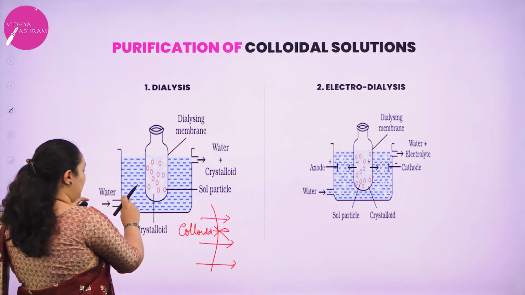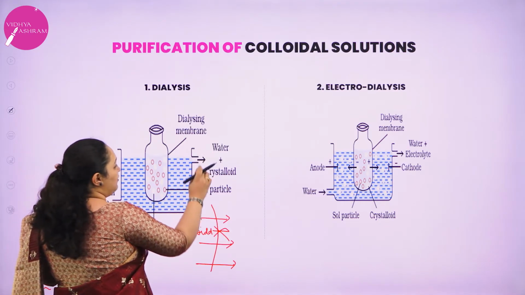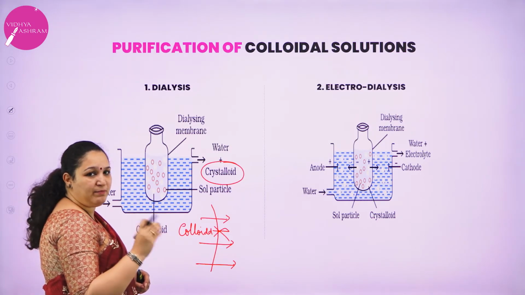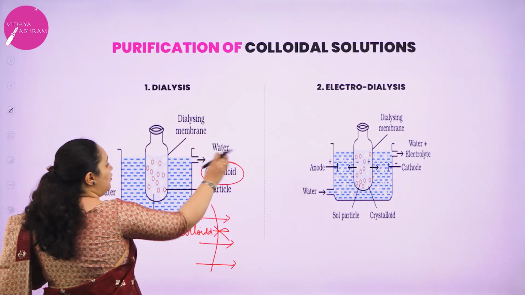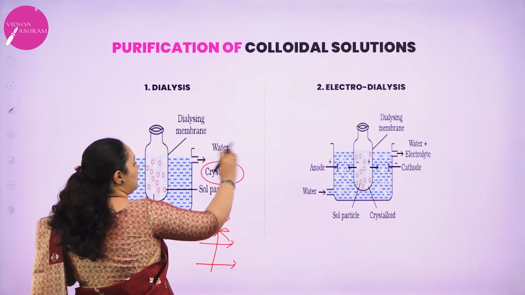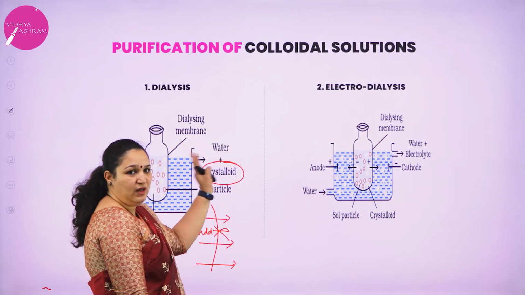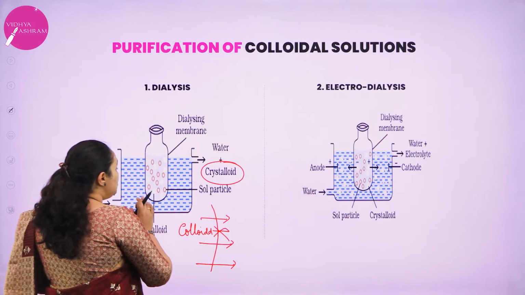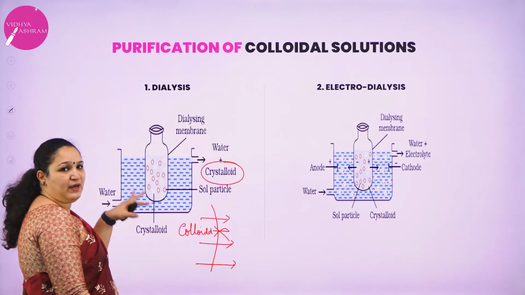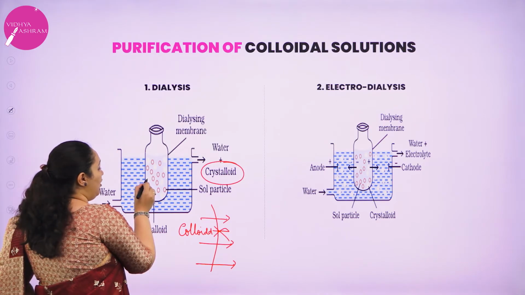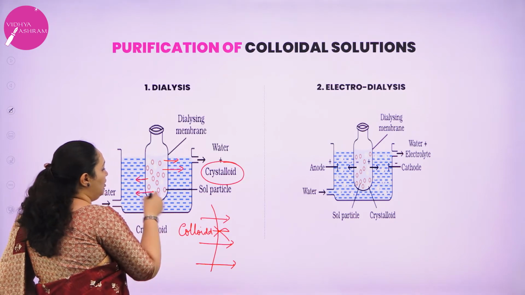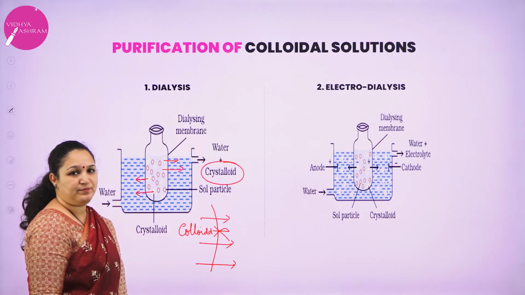You can see fresh water is coming from below, and the water with the crystalloids, which are nothing but the impurities or electrolytic particles, is removed continuously from above. When the dialysing membrane is dipped into this water, the impurities will diffuse out into the water around it.